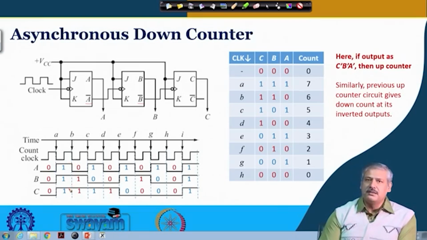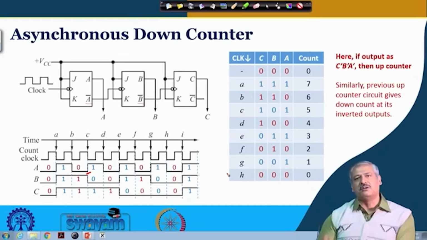Understood? Again A is going from low to high here, so A bar will go from high to low, so there is a change in B, going from 1 to 0. This is the way it continues.